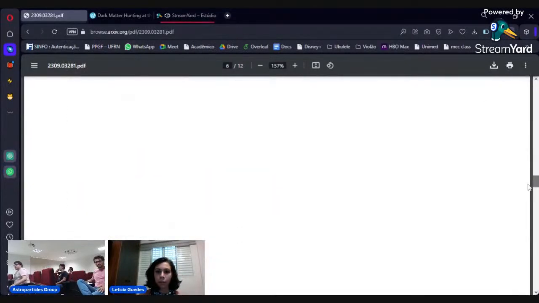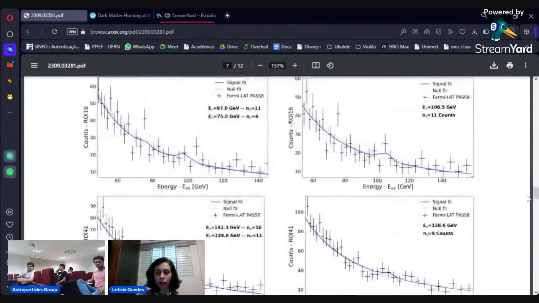Sorry, what I understood is that for the double line, the second peak would be represented by the gamma Z, so the gamma that comes from the decaying gamma Z. So one peak would be of the two photons that have the same energy.